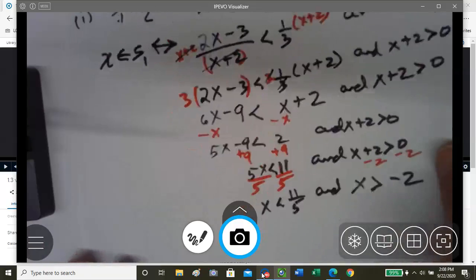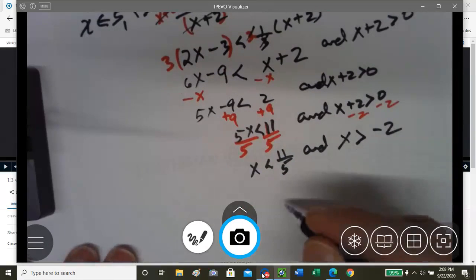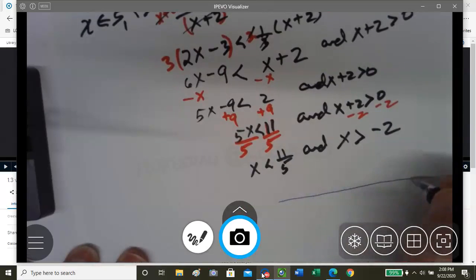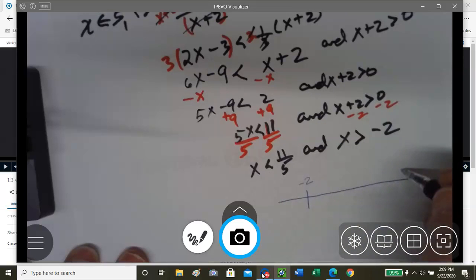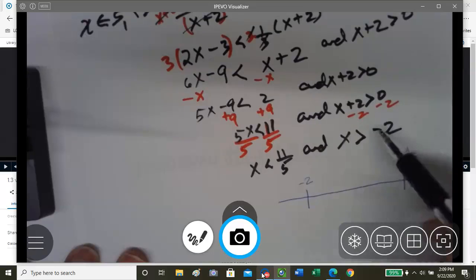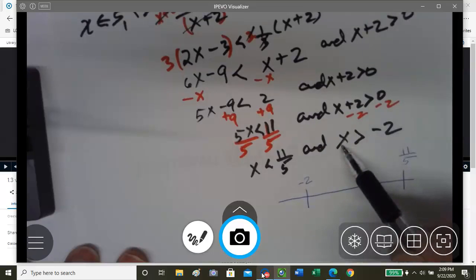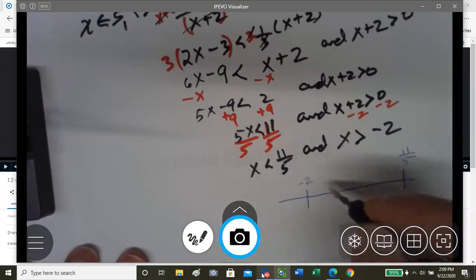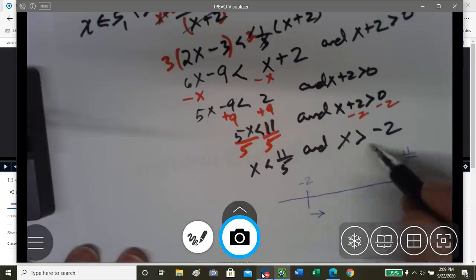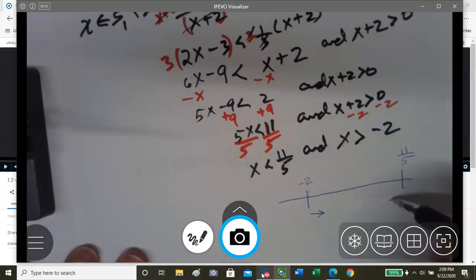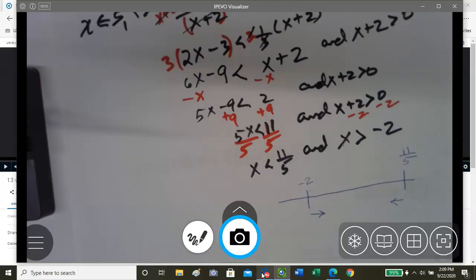So if we look at this on the number line, here's negative 2, here's 11/5. And we're saying that x is greater than negative 2, so it's going that way. And we're saying that x is less than 11/5, so it's going to the left from 11/5.